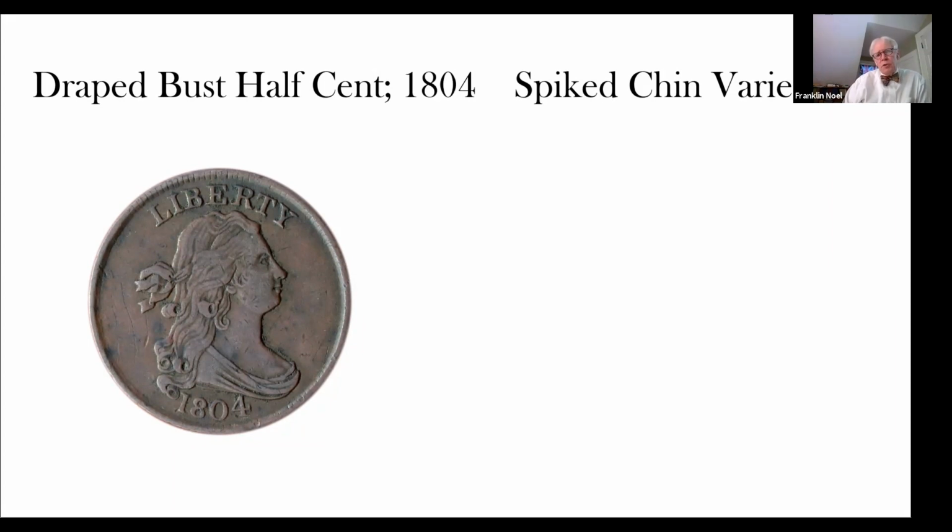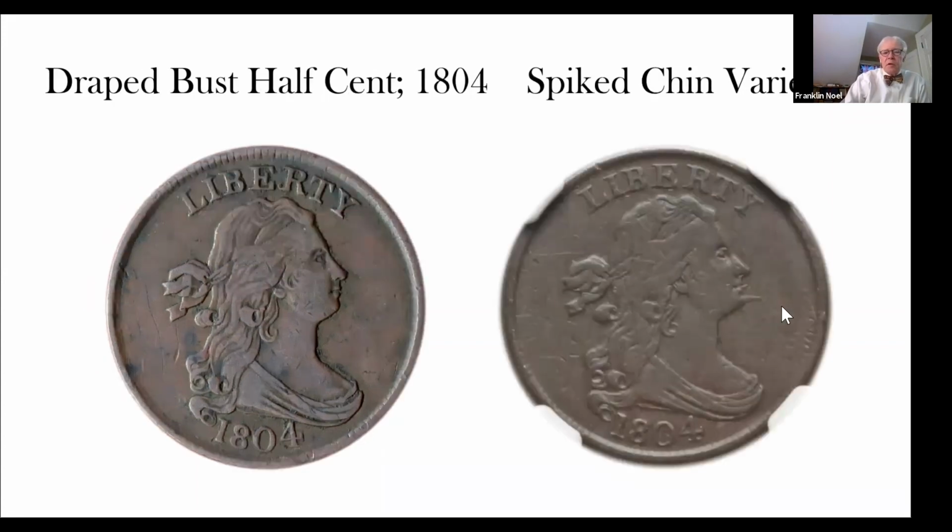Between the time it was used to strike the C1 variety and when it appears on the 4 spiked chin die varieties, the die incurred significant damage, producing the 3 diagnostic features of the spiked chin obverse. The first, of course, is the spike itself, which we can see here protruding from Liberty's chin.